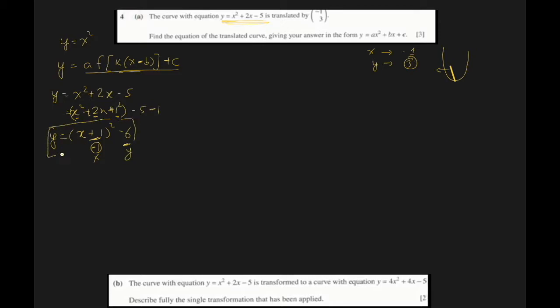Now we have to translate this further by -1 for x and 3 for y. That's what we're going to do now. So y equal to x plus 1 is the original one, minus, then we have to do -1. In place of x, we are writing x plus 1 because this is the original one for us, and we are translating it further by -1 with the help of this negative.